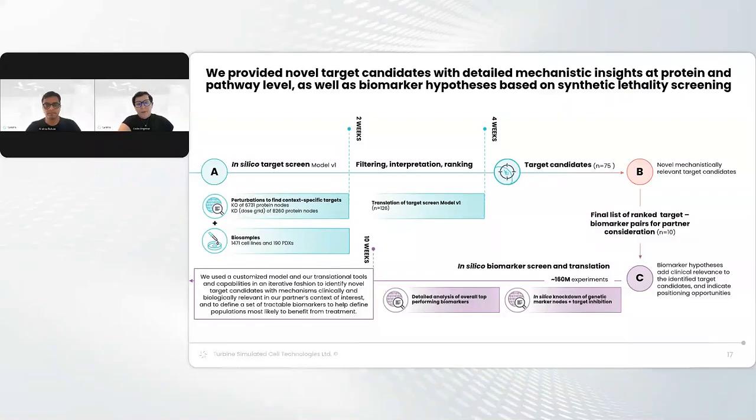So in the first step, we were running this in silico target screen, and we applied two types of perturbations. One, the virtual CRISPR-KO assay for pre-filtering those genetic perturbations that can show context-specific effect.